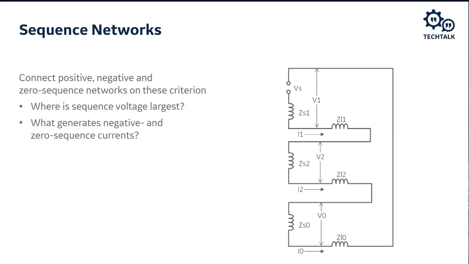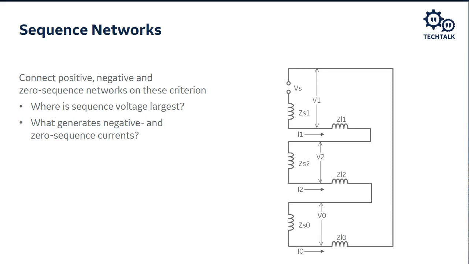Now, for that same power system that I just showed, in the middle there, where I show V2, that's the negative sequence network. So there's the system impedance for the positive sequence network, system impedance for the negative sequence network, the line impedance for the positive sequence line, and there's the negative sequence impedance for the line. At the very bottom is where the V0 is shown. That is the zero sequence network.